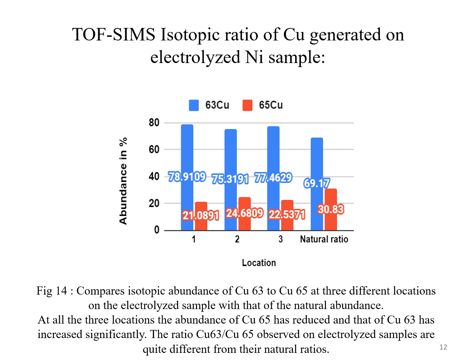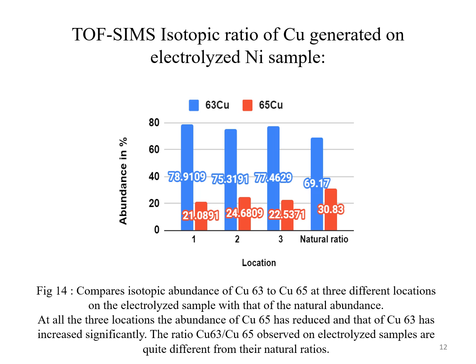At last, let us have a look at the isotopic shifts of copper which was produced on the electrolyzed nickel sample. Copper has 2 major isotopes, copper 63 and copper 65. Figure 14 compares these isotopic abundances at 3 different locations on the electrolyzed sample with that of the natural abundance.